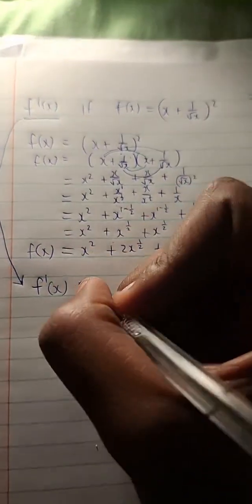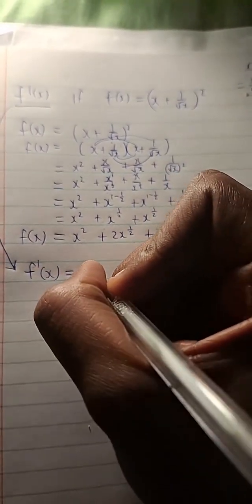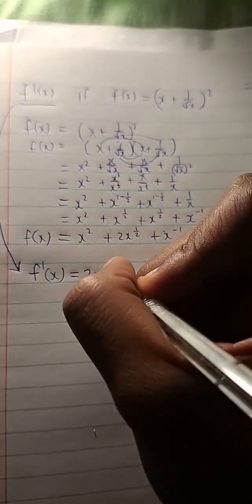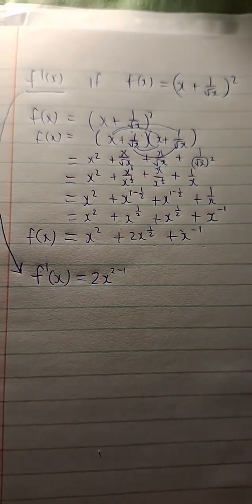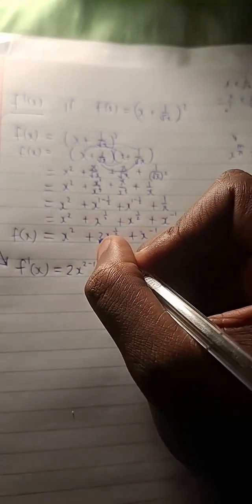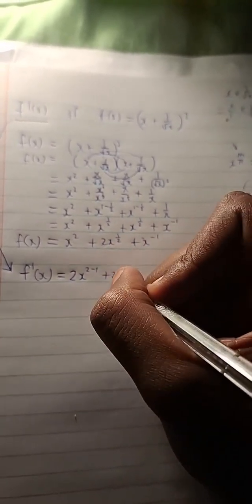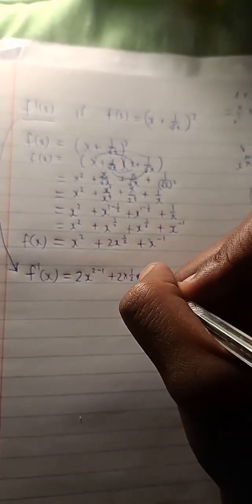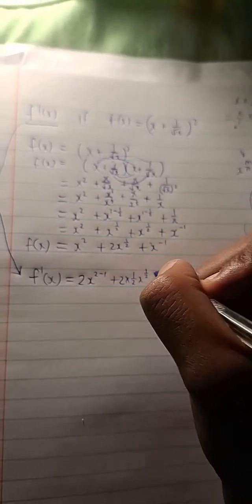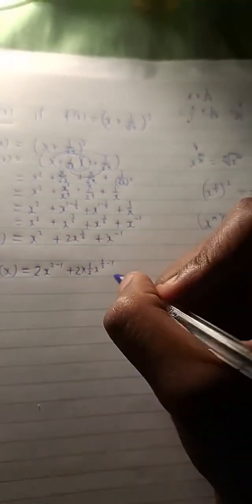So this x squared becomes 2x to the power 2 minus 1, plus this half comes down, gets multiplied with a 2. So we have 2 times a half, x to the power half minus 1. This term, who comes down?